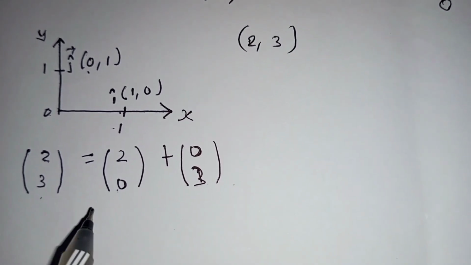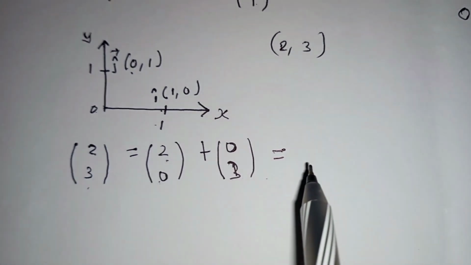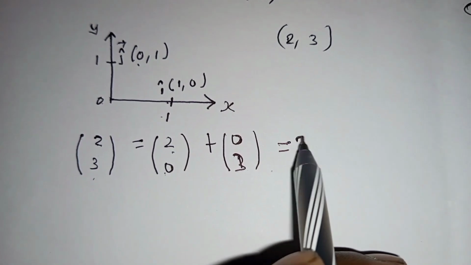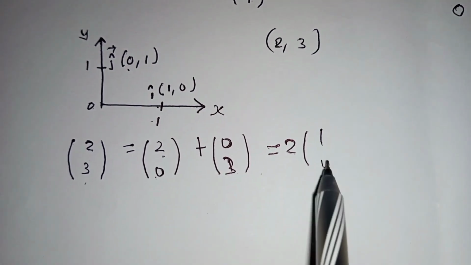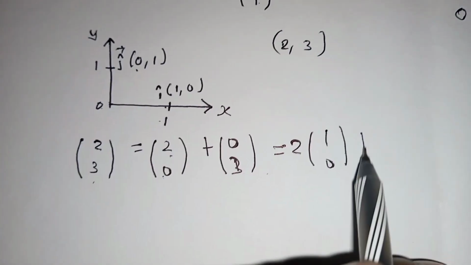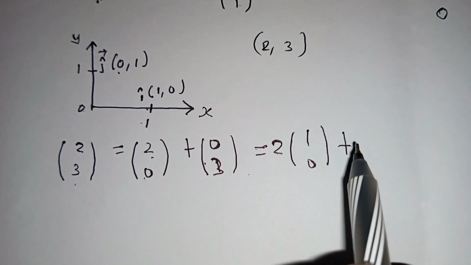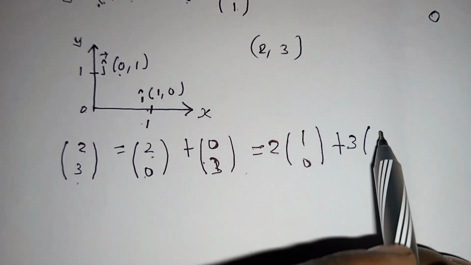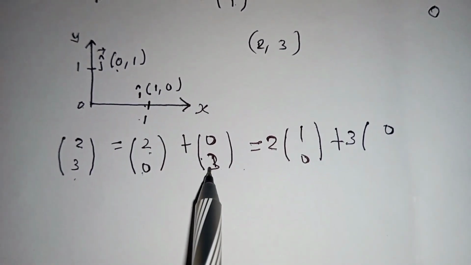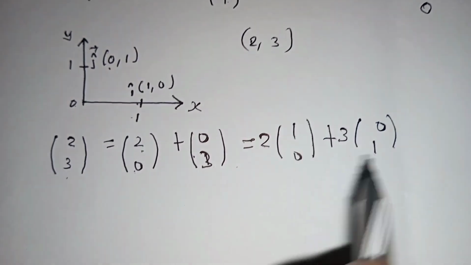Then from here, in the first case, we can factorize 2 out, and we'll be left with (1, 0), plus, in the second, we factorize 3 out, and we shall be left with (0, 1).